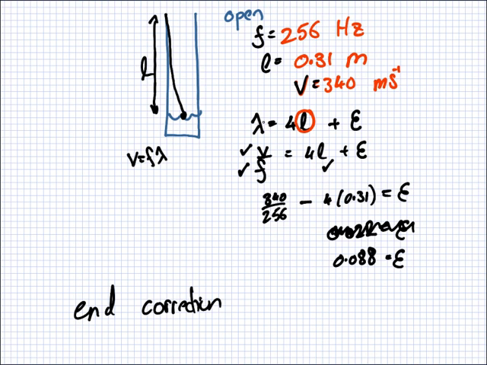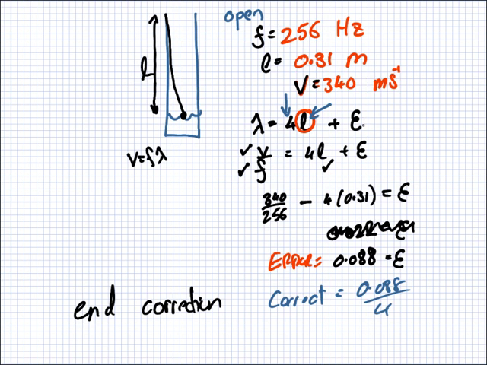So how much is this off by? It's off by this much. Error is this. Now, because you multiply the length by 4, you can correct if you use 0.088 divided by 4.